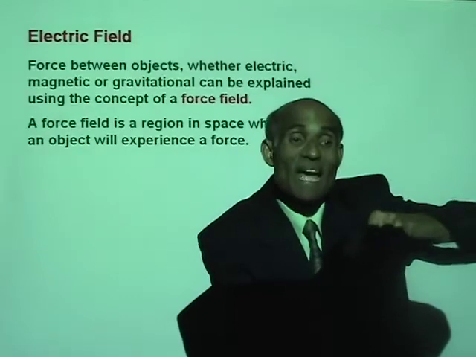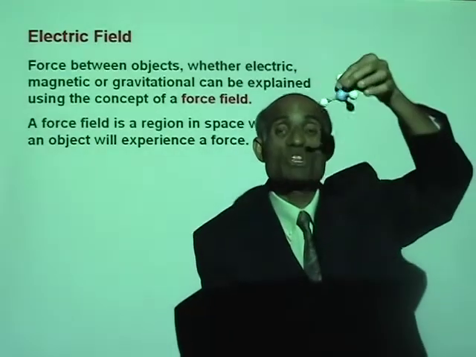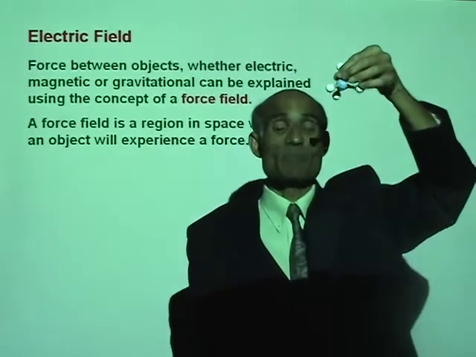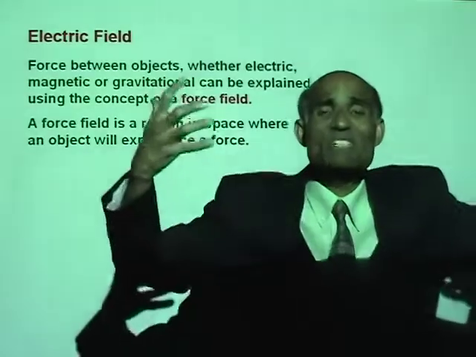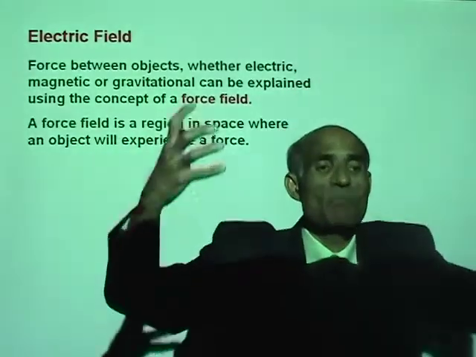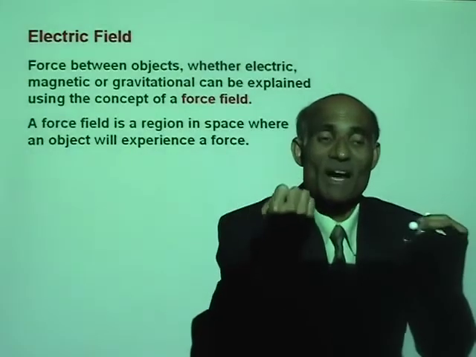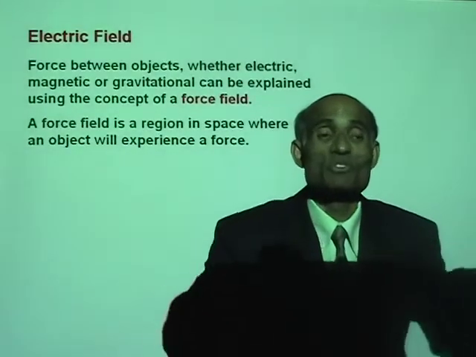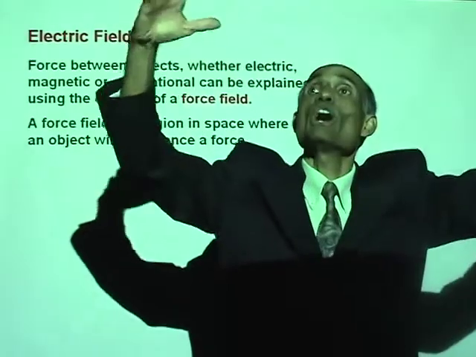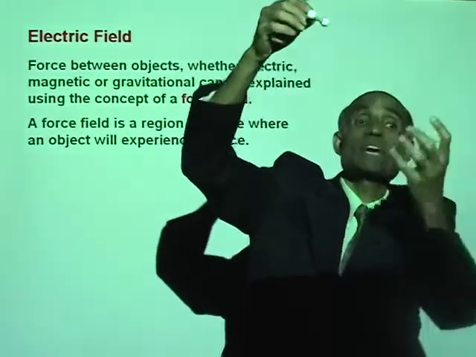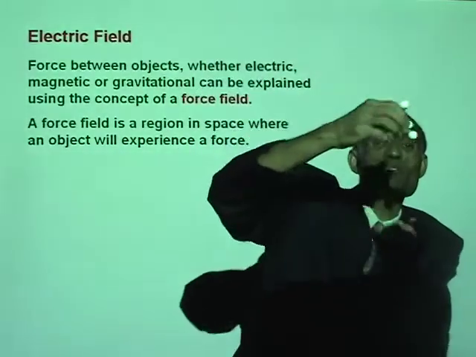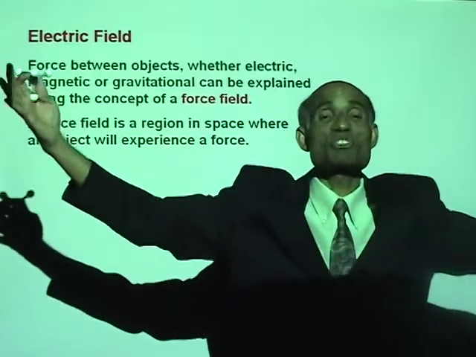Any force can be explained using the concept of field. We are all in the gravitational field. If I jump up, I'm brought back because I'm in the gravitational field. A space around the Earth where the Earth exerts force on objects is called the gravitational field of the Earth.